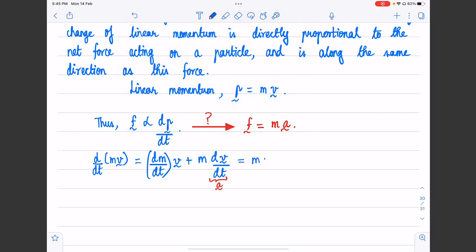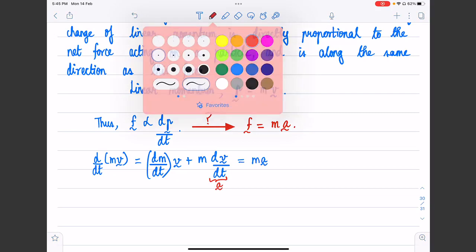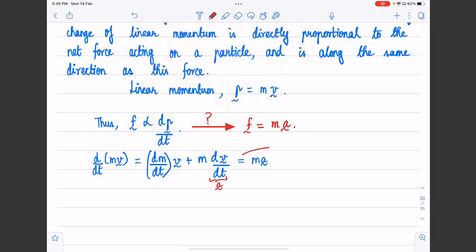So when we write ma, you and I are implicitly assuming that mass is constant. Okay, once we assume constant mass, dm/dt is 0, right?